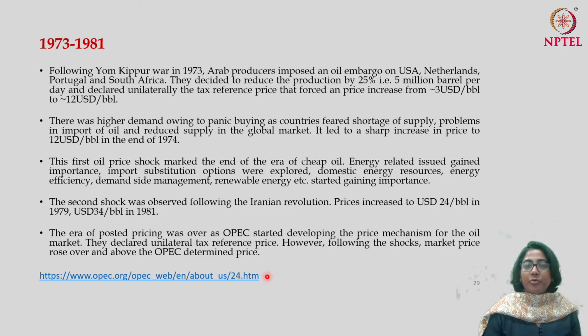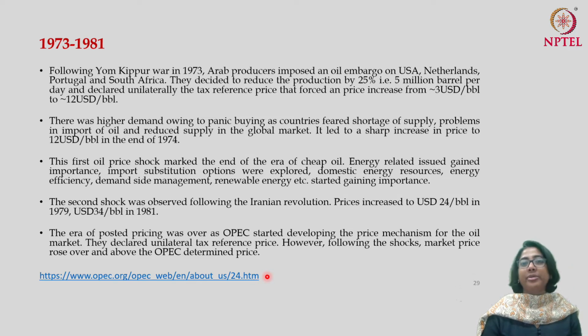So, there was the Yom Kippur War, where Arab countries and Israel were engaged, and certain developed Western nations, the US, Netherlands, along with Portugal and South Africa, actually supported Israel in the war. As a result, the Arab countries imposed an embargo on the supply of oil to these countries: US, Netherlands, Portugal, and South Africa.